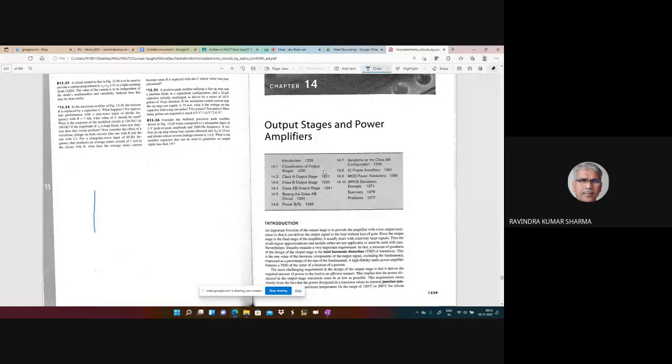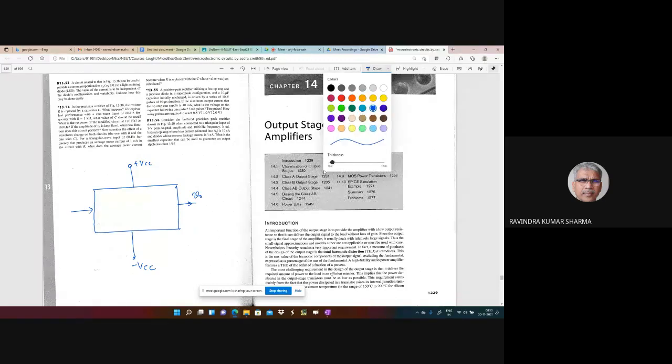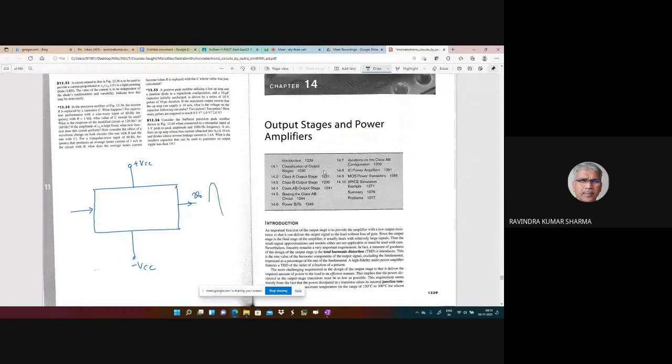So if you have this amplifier which is biased with plus minus VCC, right? And there is the input signal given, and there you take the output. So output, obviously, it will be going towards the plus VCC and towards the minus VCC.